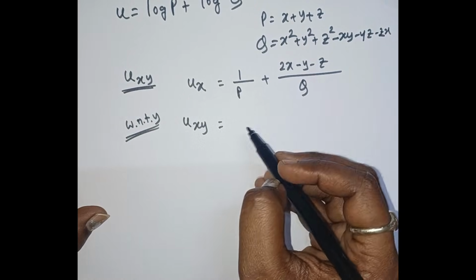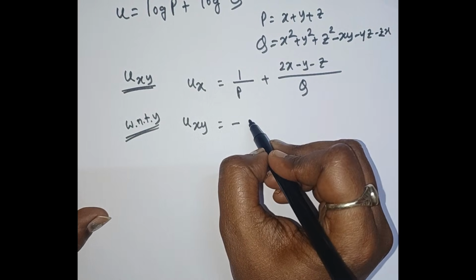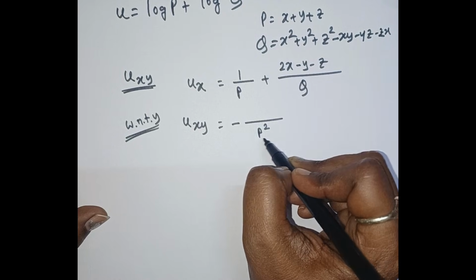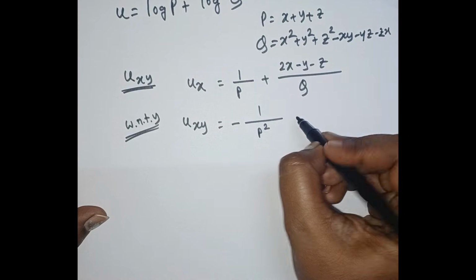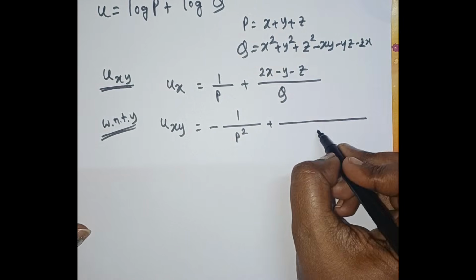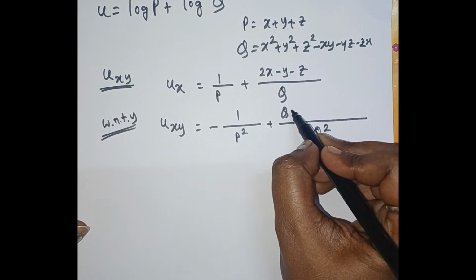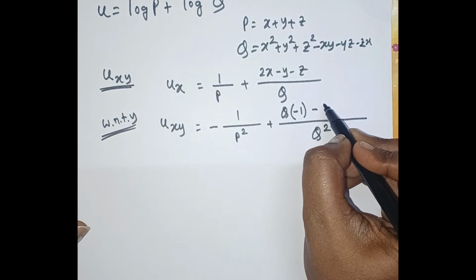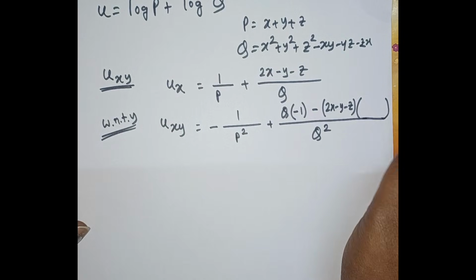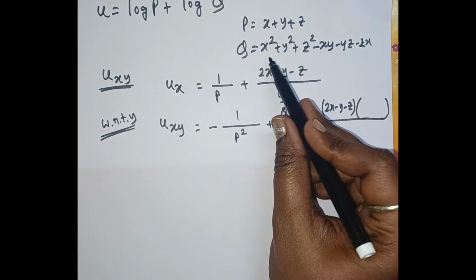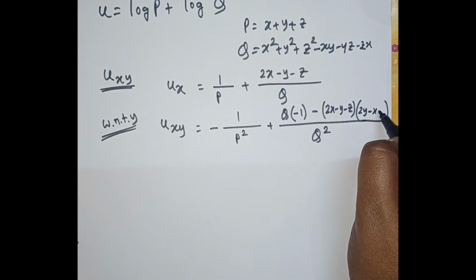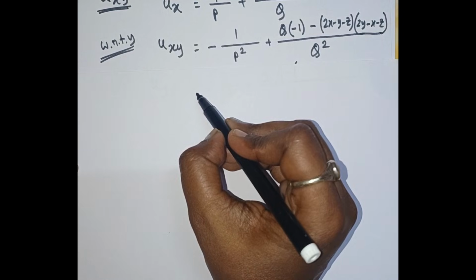So if we derive ux with respect to y, from 1 by p we will get minus 1 by p square, and derivative of p with respect to y is 1, plus derivative of this we will use f by g formula. So denominator will be q square and numerator will be q into derivative of 2x minus y minus z with respect to y, which is minus 1, minus 2x minus y minus z into derivative of q with respect to y, that will be 2y minus x minus z.